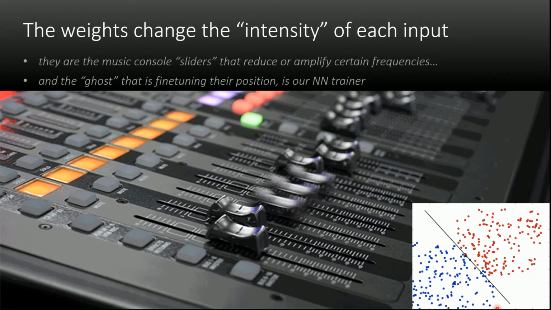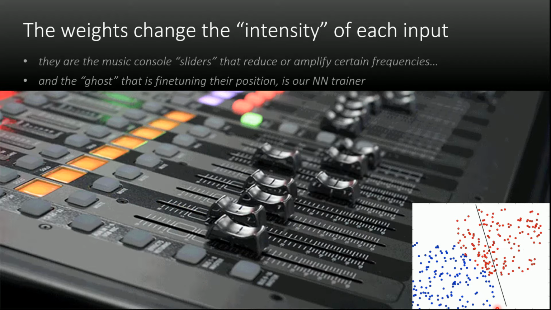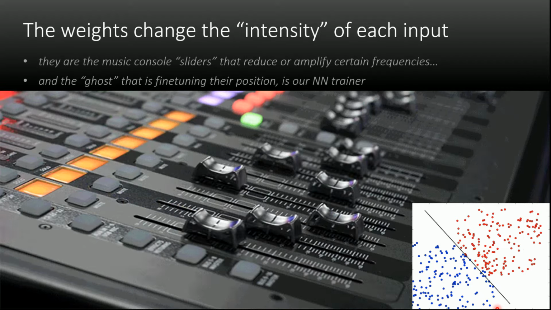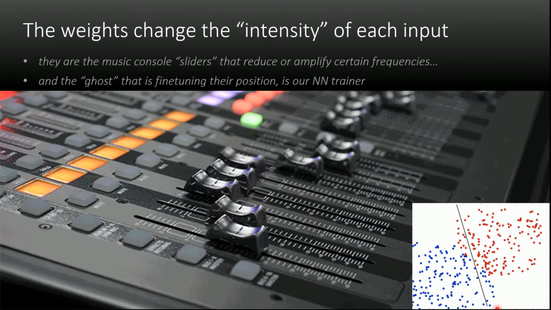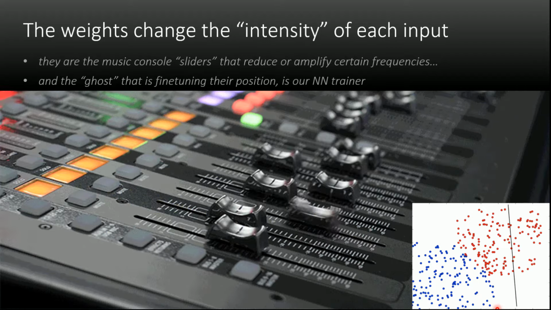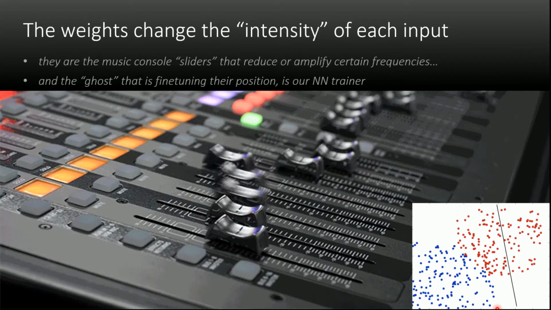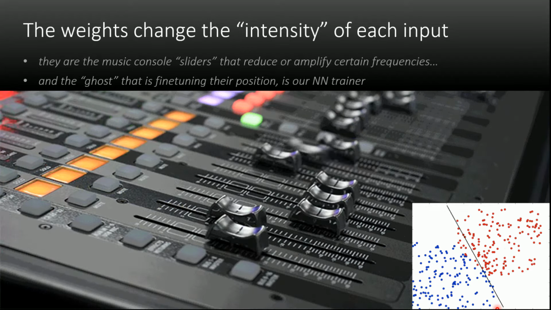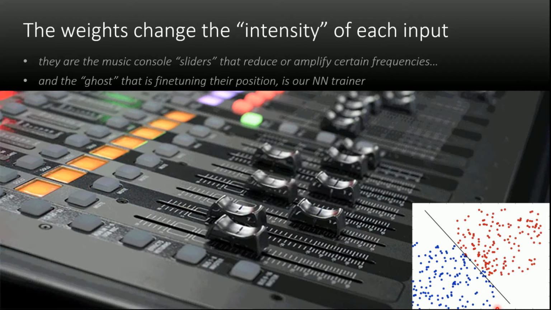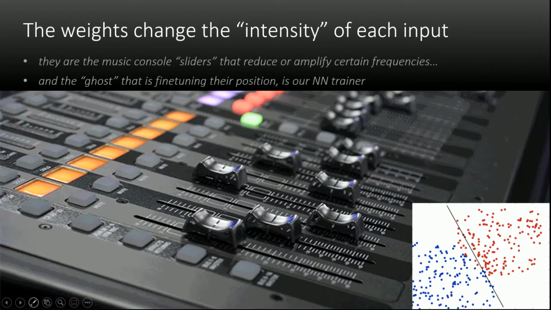When we say put more bass or remove a little bit of treble, we move the sliders of the music console up and down, and we allow frequencies to be heard more than others. Equivalently, in our neural network, we allow some inputs to be heard more than the others. Like in the example of the test, we allowed the test to be heard twice as much compared to the grades. All right, and this is what we did.